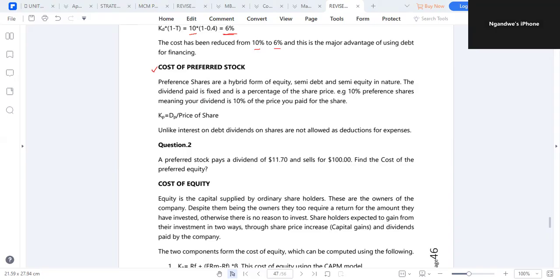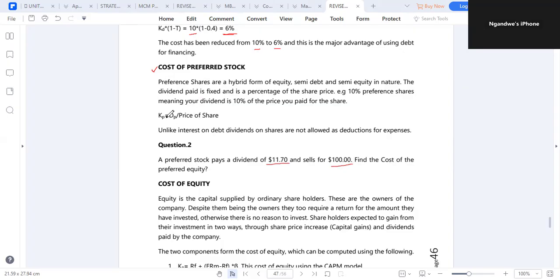So we will have an example here where we're told that suppose we have a dividend paid of 11.7 kwacha, which is selling for 100 kwacha per value. Calculate the cost of equity.